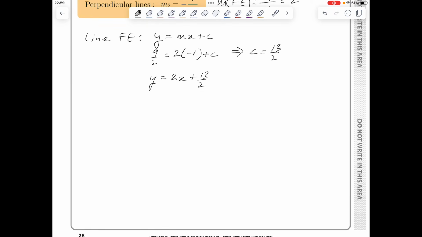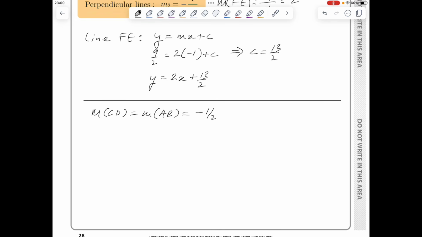Now I will find the equation of line CD. Now the gradient of CD is equal to the gradient of AB, since these two lines are parallel, so the gradient is minus a half. I found this above. So to find the equation of line CD, I will use y equals mx plus c again. m is minus a half.